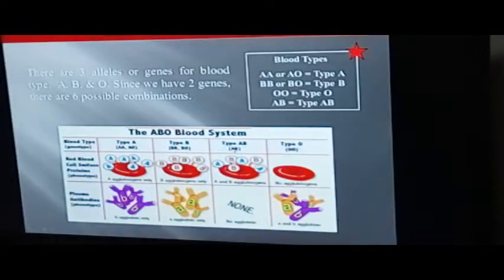Type AB, if both parents are AB, you are going to have AB sprinkles. If your parents are O, you are going to be an O. In other words, you have no sprinkles on your donuts, on your red blood cells.